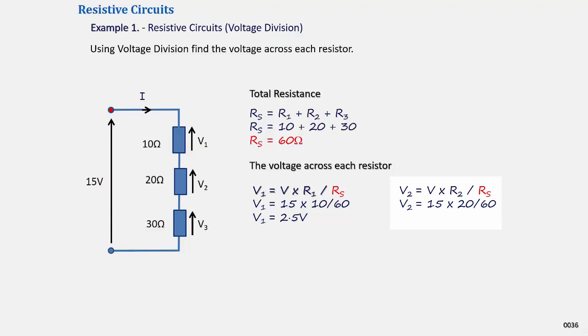Substituting the values, V2 equals 15 times 20 divided by 60, which equals 5 volts. And V3 equals V times R3 divided by Rs. Substituting the values, V3 equals 15 times 30 divided by 60, which equals 7.5 volts.